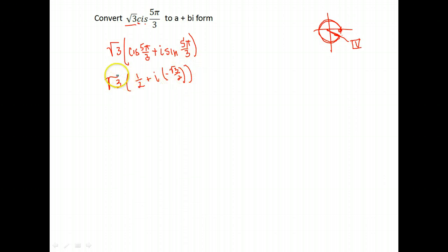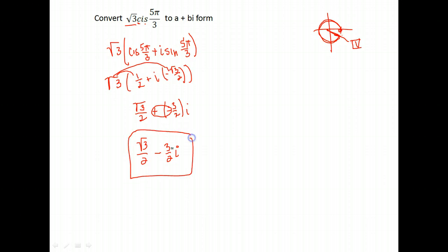So when we simplify this, we multiply the root 3 through here. Root 3 times 1 is root 3, and then we have over 2, plus. Notice root 3 times root 3 is just 3, but we had this negative here, so we have plus negative 3 over 2 I. And when we simplify that, that gives us root 3 over 2 minus 3 halves I. So that's how you would come up with a minus either on the end or on the front, if you end up in a quadrant where either the sine or the cosine is negative.